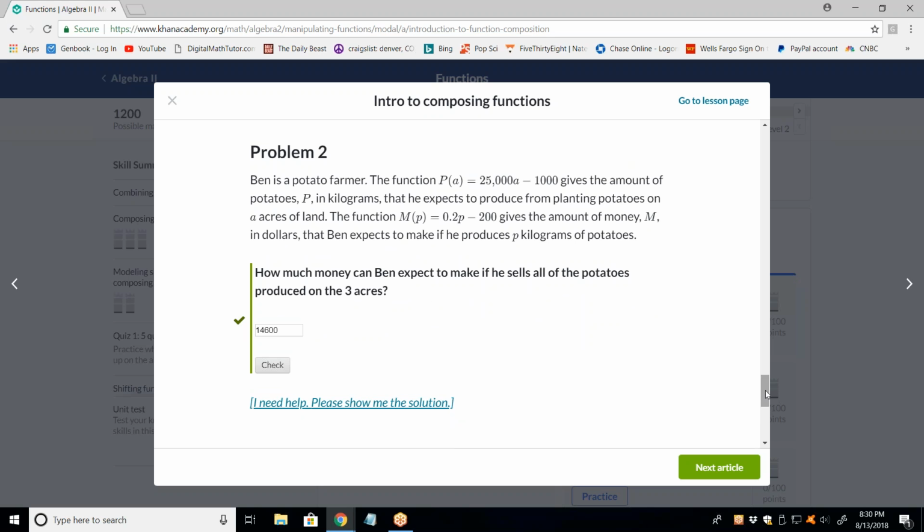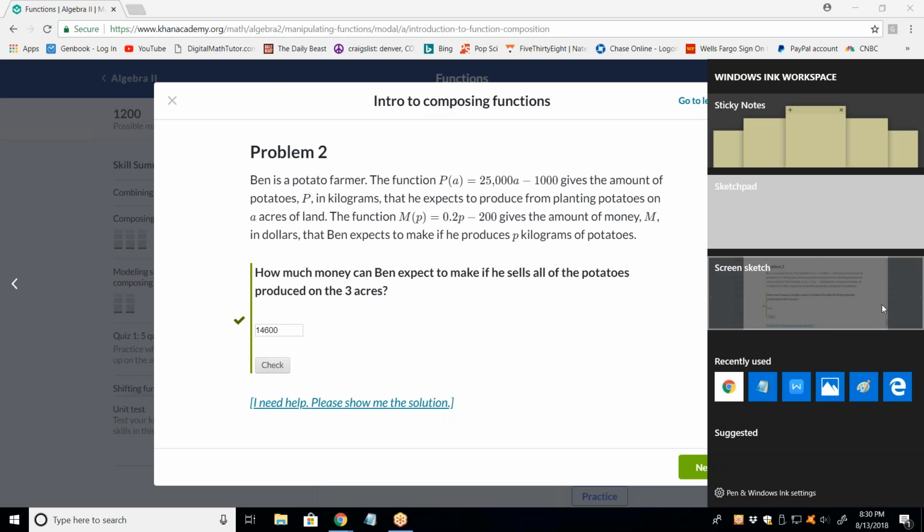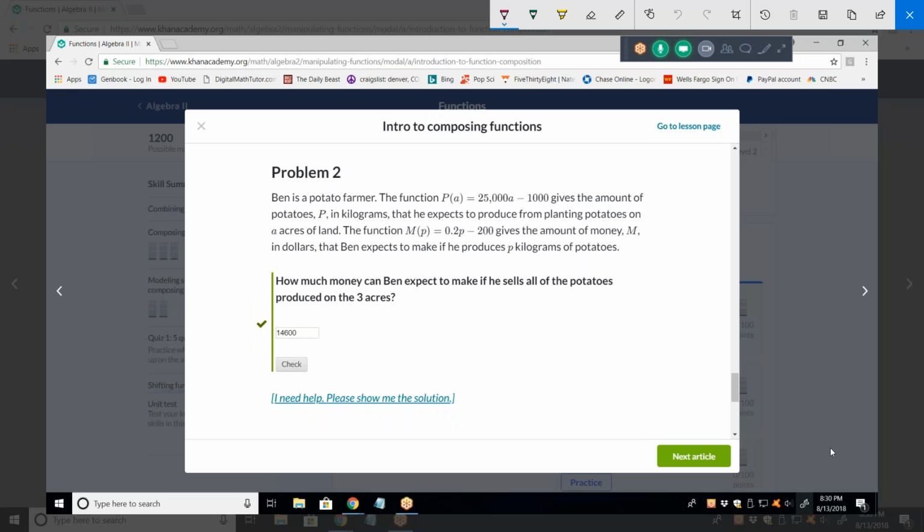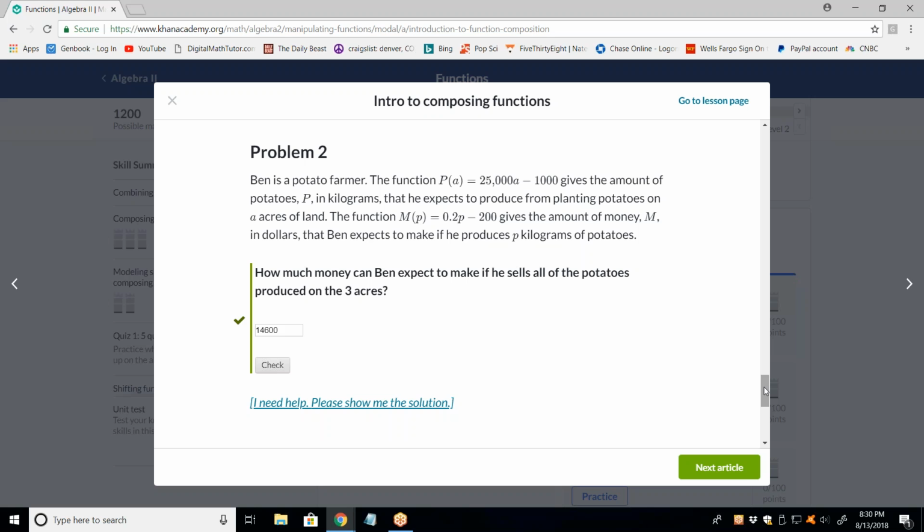So let's see. Let me figure out what M of A is again. 5,000A minus 400, correct? Yeah. And this next question says 5,000A minus 400.